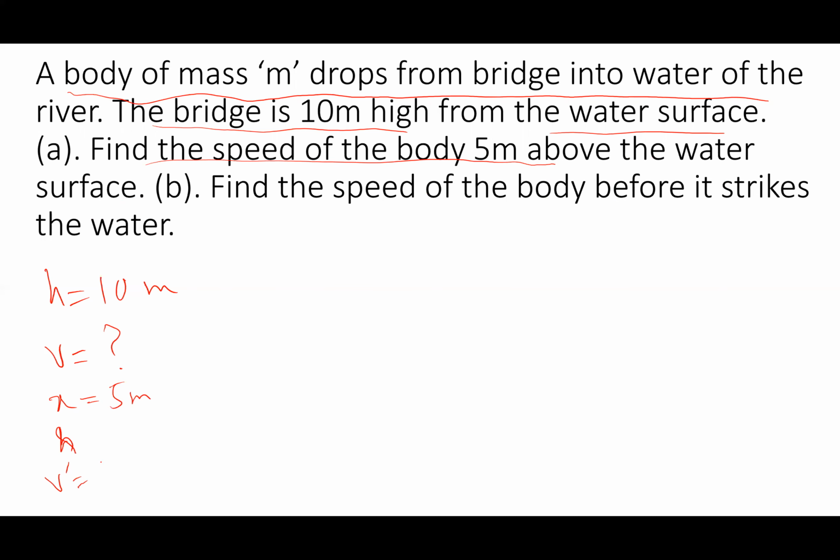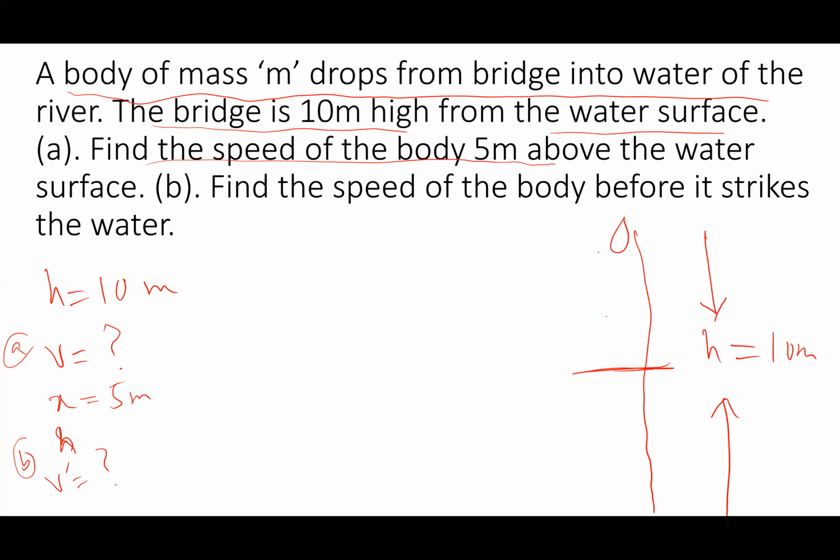V prime question mark. This is B portion, this is A. So here you will write height is 10 meter. This is x is equal to 5 meter. This height is 10 meter.